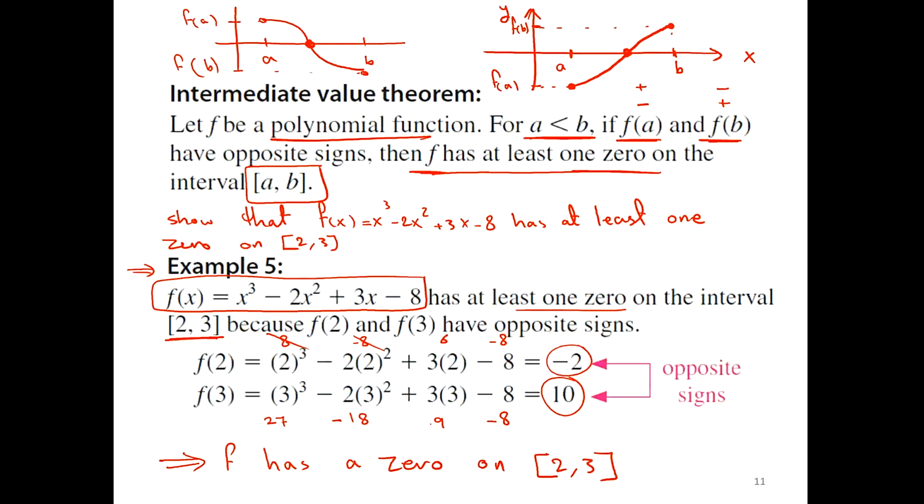So f of x is a polynomial, 2 is less than 3, f of 2 and f of 3 have opposite signs. So we have at least 1 zero for f of x between 2 and 3.